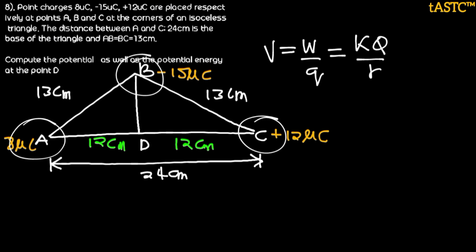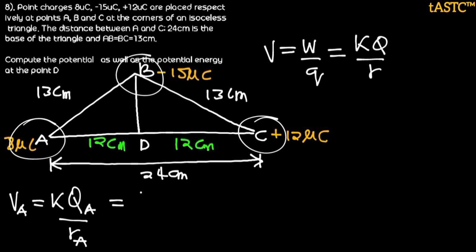So first, we're going to find the first one. I'm going to call it VA. So that will be equal to KQ sub A divided by R sub A. This stands for the charge at A, and this stands for the distance of the charge A from the point D.